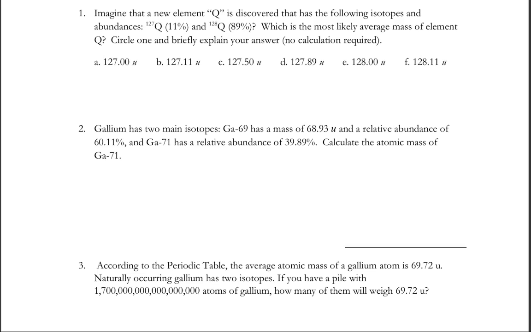So set up your equation to determine the usual atomic mass equation. Put in what you know. You know the atomic mass of gallium. You know the mass of gallium-69. You know the abundance of gallium-69. You know the abundance of gallium-71. So your only unknown is the mass of gallium-71. So solve for that.